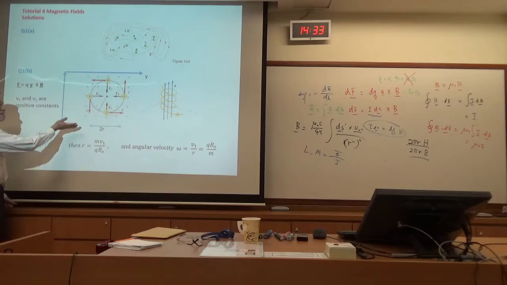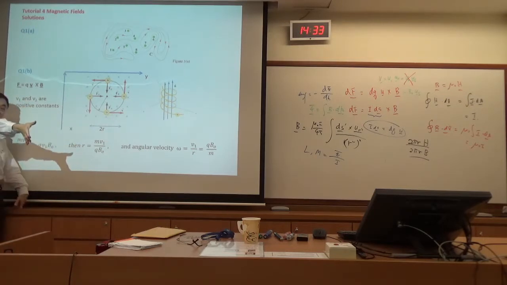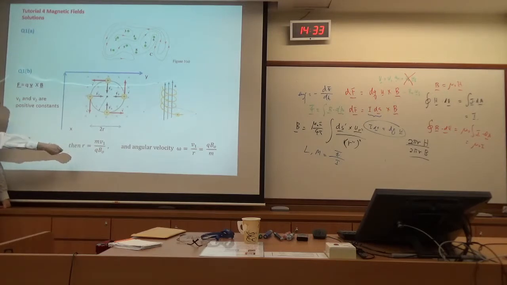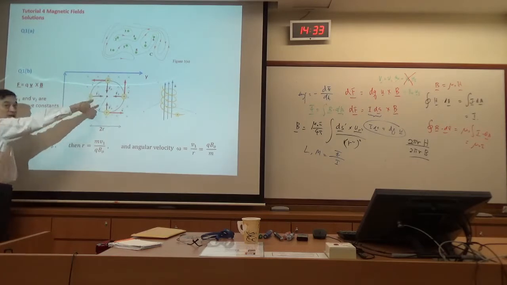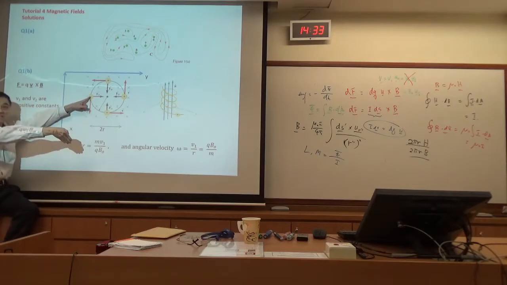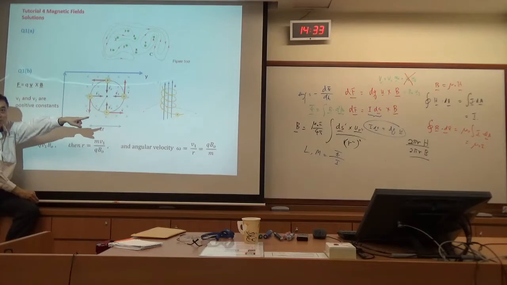Then you have the B cross, B is going down, Z is going in, and the force is this way. This is the positive charge, because F is equal to Q U cross B.